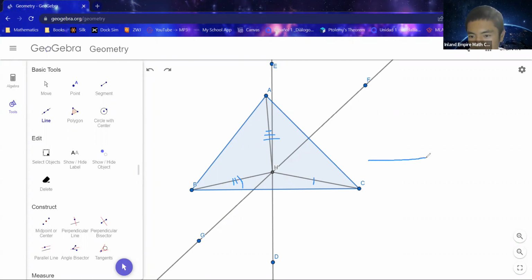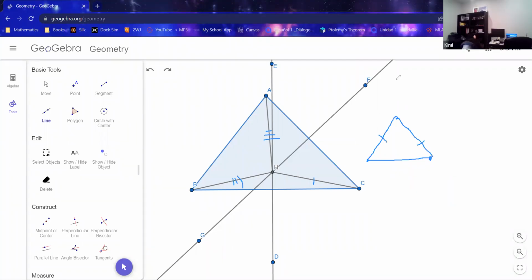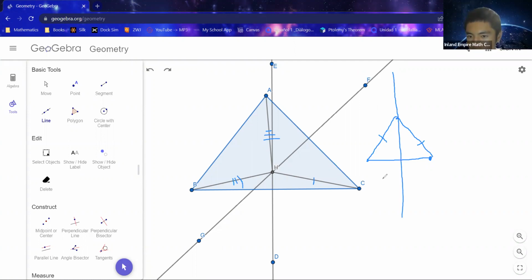If a line has two points on the end, and a point is equidistant from these two, so these distances here are the same, then the point here is on the perpendicular bisector. Right? We proved this a couple of minutes ago. So if we use this on H, B, and A, what does that mean? We know HA and HB are equal.